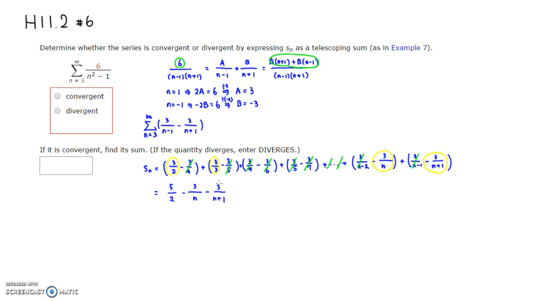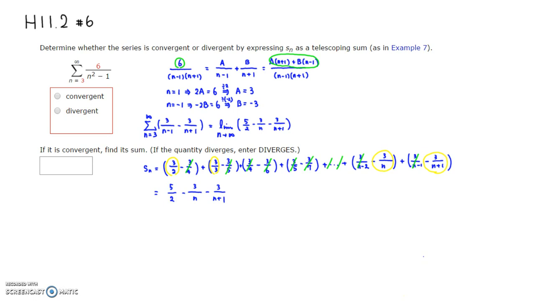If you want, we can just take the limit of this partial sum, which is 5 halves minus 3 over n minus 3 over n plus 1, as n approaches infinity.